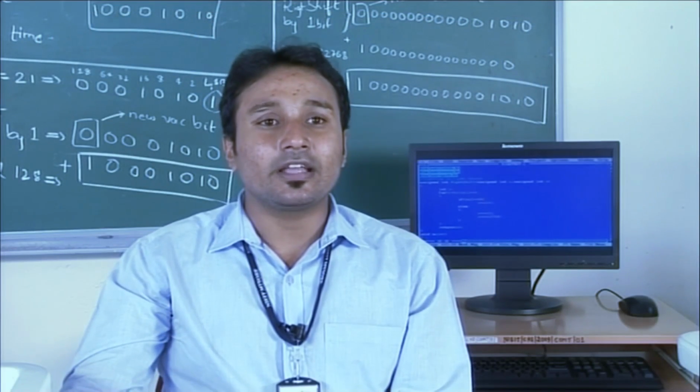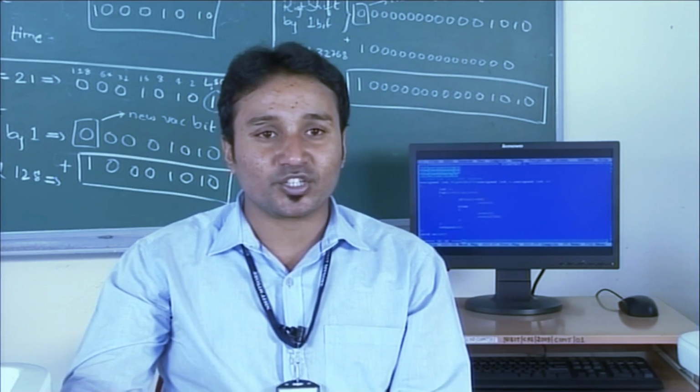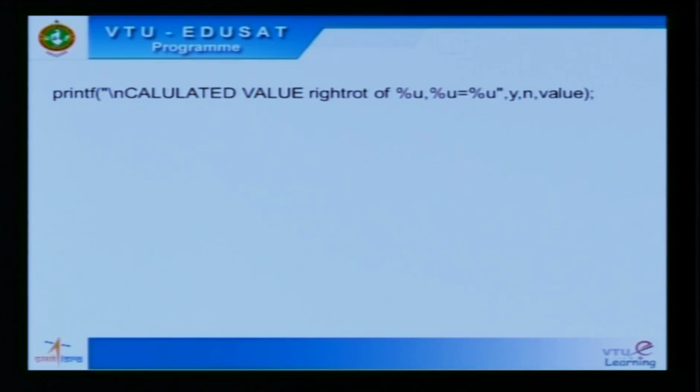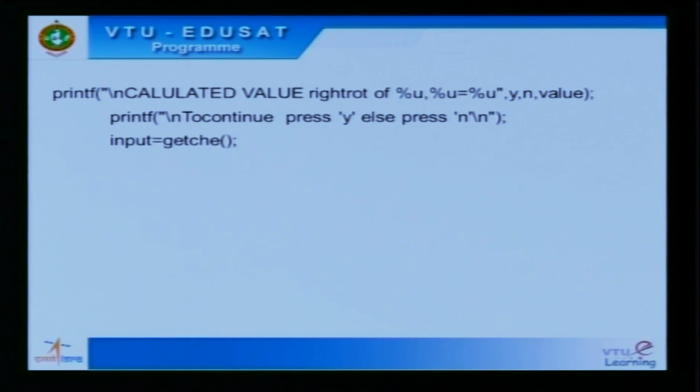After rotating the number x by n bits, the control moves back to the main function. In the main function, we can see the calculated value right rot of %u comma %u equals %u. That is, the given number has been rotated by so many bits and the value is given by once again the %u. This we can see in our output.